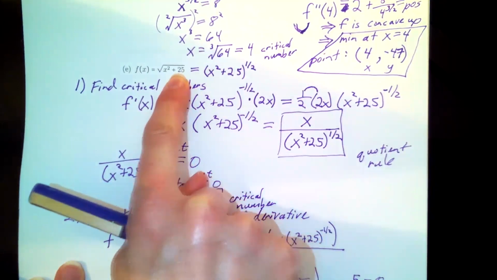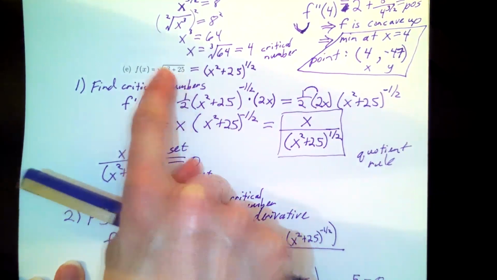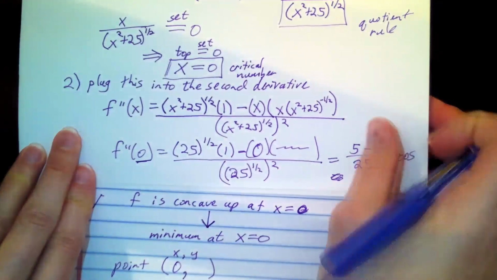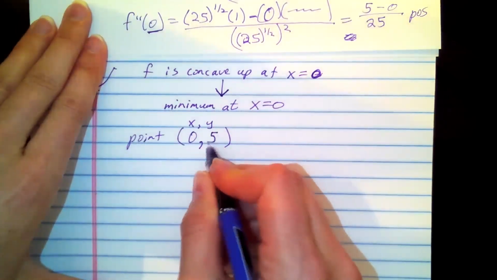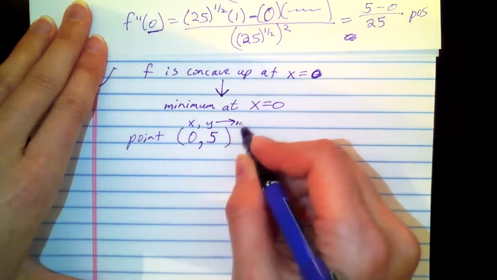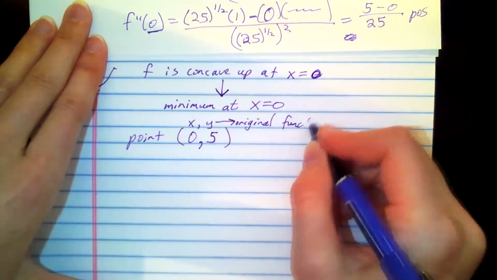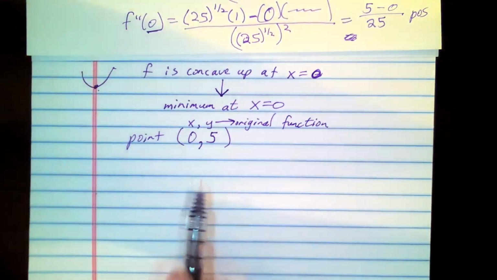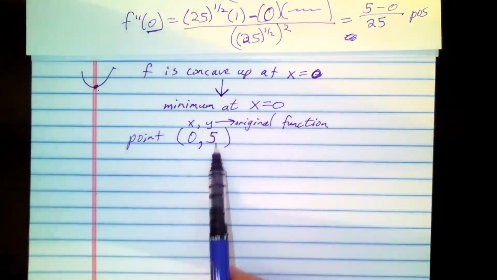Plug x equals 0 into this, you get square root of 0 plus 25, which is square root of 25, which is 5. So the y value, when you plug 0 into the original function, is 5. What we would say is there's a local minimum at x equals 0, and the local minimum is 5.